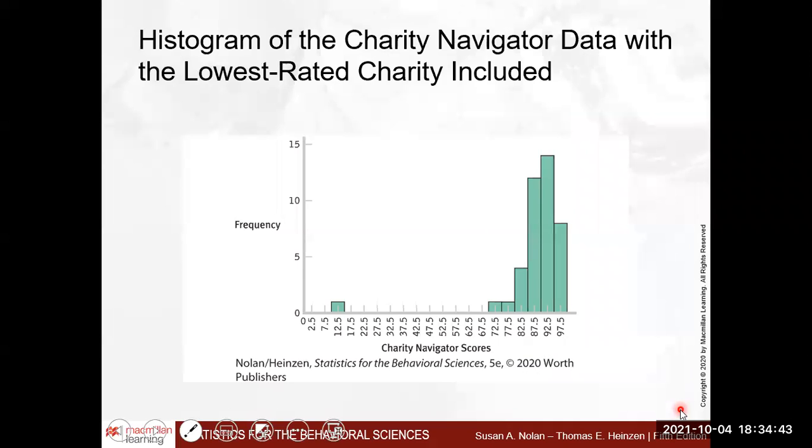Okay, Charity Navigator data. Now we have an inclusion of also the lowest point. So the data that you have seen did not include the lowest entry. Given that the Charity Navigator data likely characterizes the credibility of a nonprofit organization, this is the nonprofit organization you should not donate your money to.